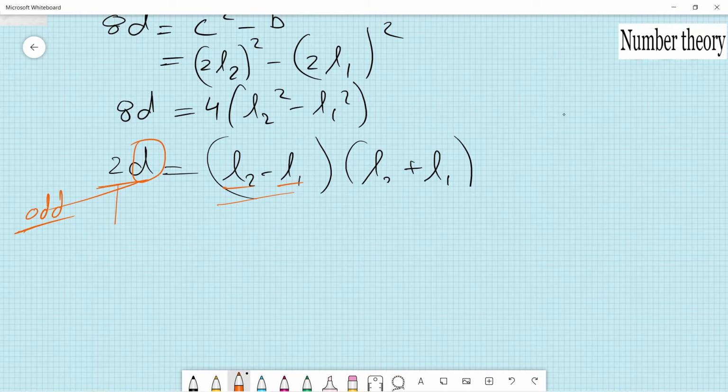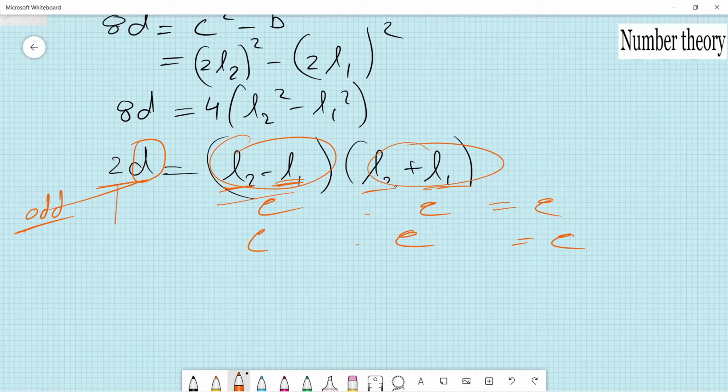Let's say both are even first. So even minus even, even plus even, even. Now let's say both are odd: odd minus odd, we'll get again even. Odd plus odd will again get even. Even multiplied by even is even. In both these cases, both these brackets are even, doesn't matter what parity of L1 and L2 we take.